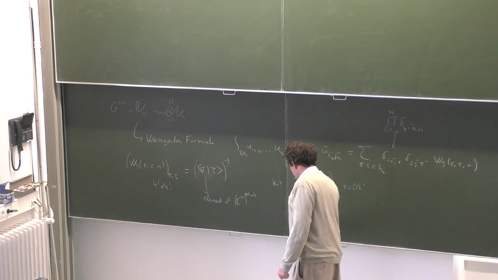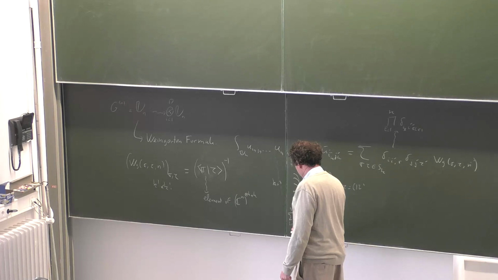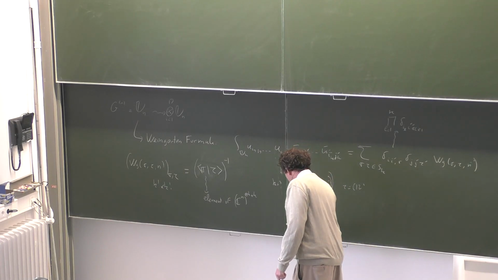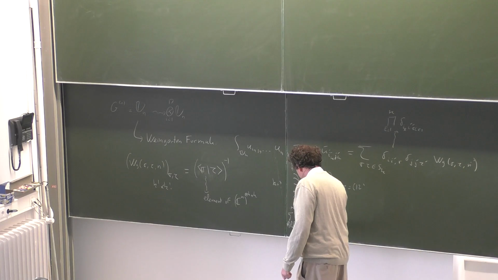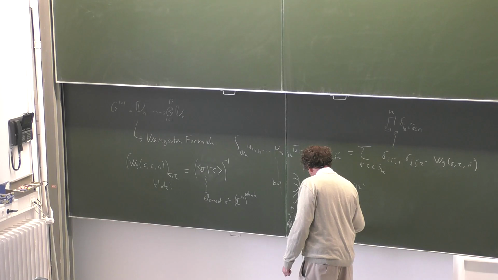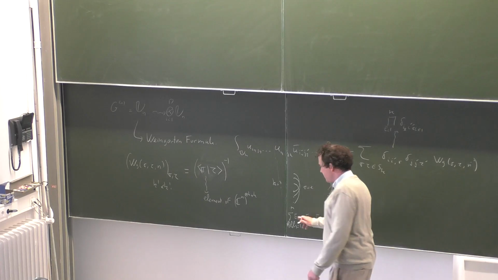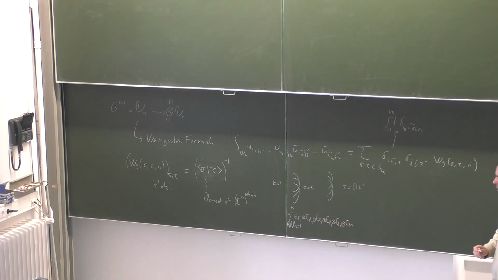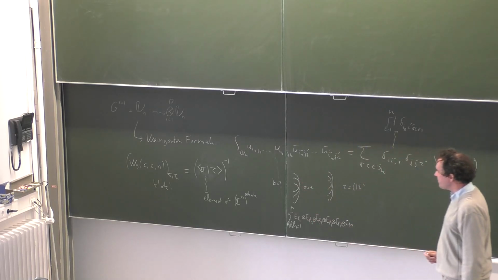Now remember that this means the sum over l1, l2, l3 between 1 and n of e_{l1} times e_{l2} times e_{l3} times e_{l1} times e_{l2} times e_{l3}, where this is the canonical basis of C^n. That notation is probably lighter than this one.